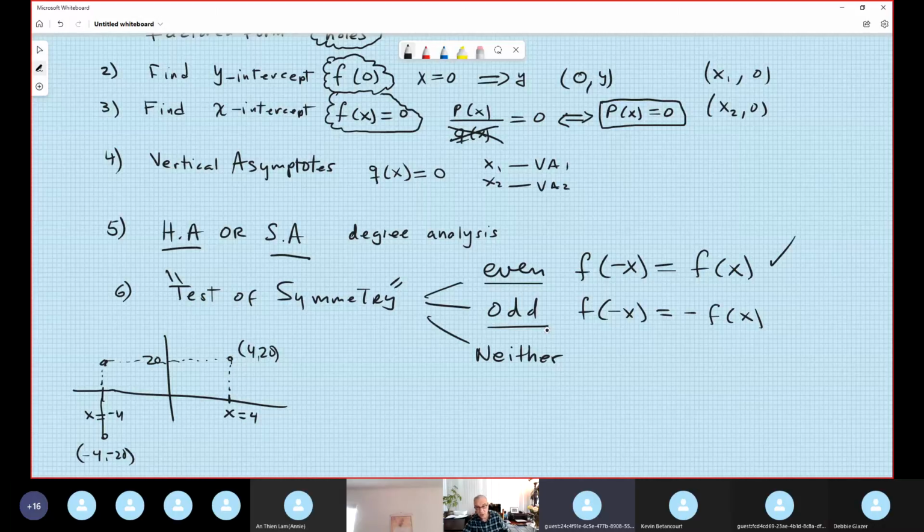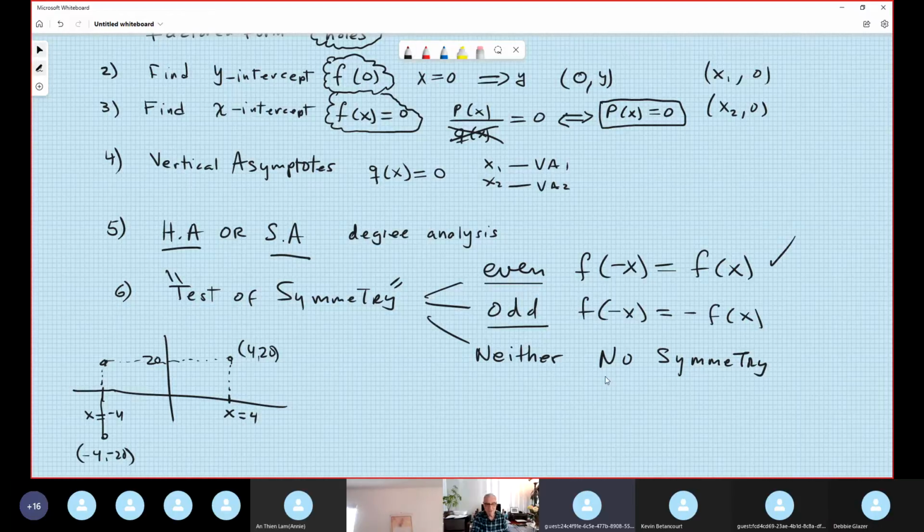And neither means no symmetry. We have no symmetry, so unfortunately, we need to do the positive and the negative parts completely separately. You have 2 problems, not 1 problem. Do you understand the importance? No, it's important.